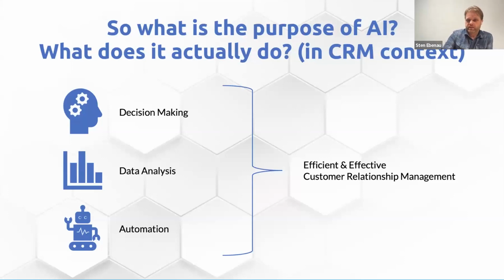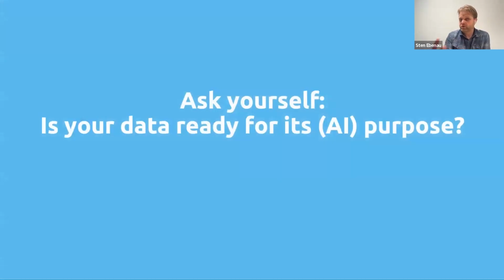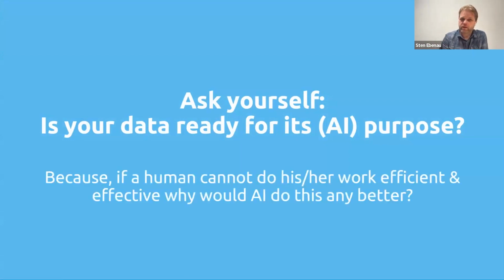So if you want to do this, you have to ask yourself, is your data ready for this purpose? And what we've done internally as well is ask whether our data within Plauti is ready for this purpose. Because very simple, if a human cannot do this work efficiently and effectively, why would an AI do this any better?